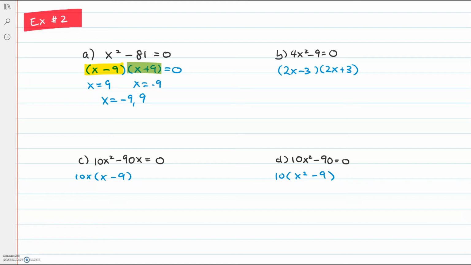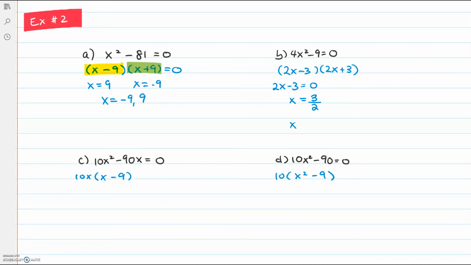We have another difference of squares, but this time you have to be very careful, okay? So let's see, 2x minus 3 equals 0. If I want that to equal 0, then x equals, I move 3 to the other side, 3 divided by 2.